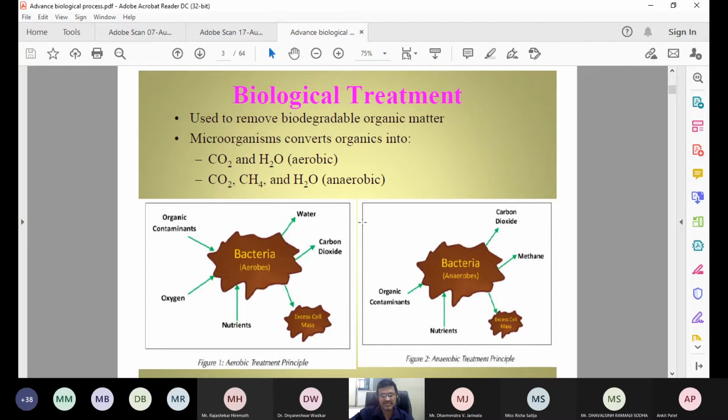The more organic matter you dump into the river, this dissolved oxygen will decrease rapidly, from 8 to 7, 6, 5, 4, 3, 2, 1 and 0.